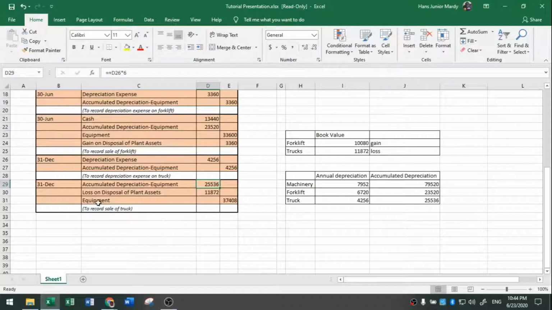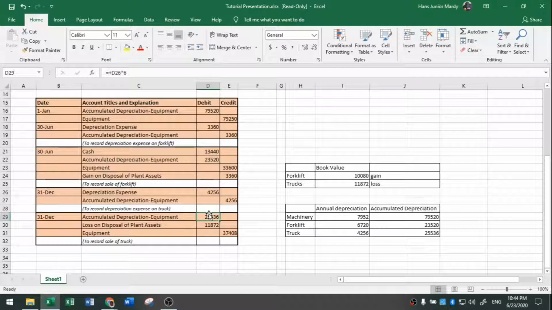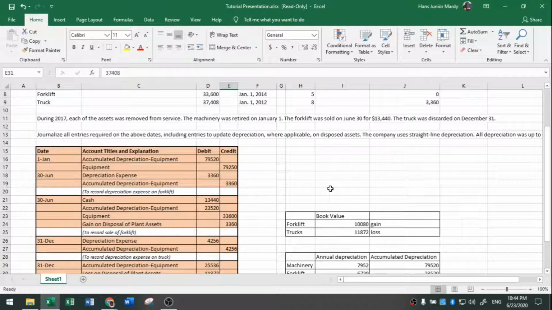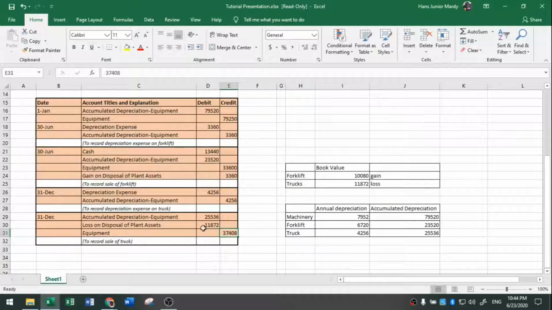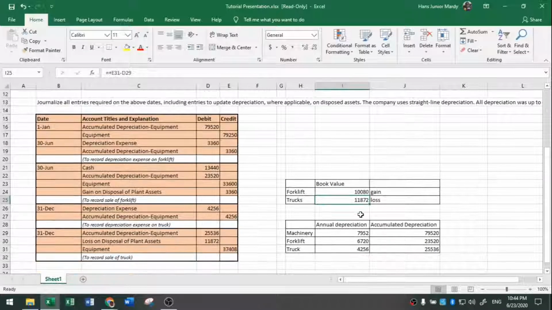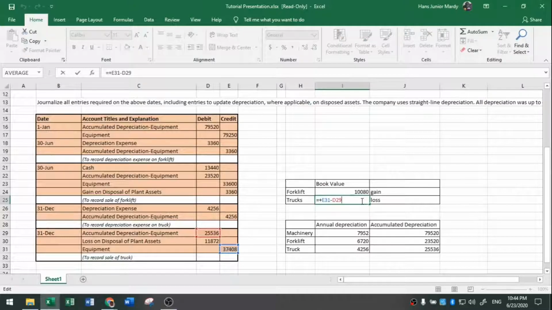And then at the bottom we credit the equipment because we are getting rid of it. It was this amount that we purchased it for, so we have it here. Now we need to know whether we have a gain or a loss so that we know whether to put it in debit or credit. Same thing, I had to calculate the book value. The book value is the same formula, as you can see here, which is the cost minus the accumulated depreciation.